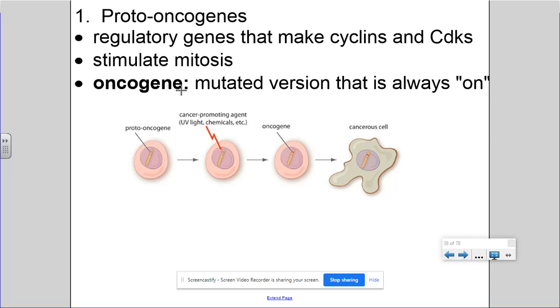This means that the gene is telling the cell to always divide. So the proto-oncogene is the normal one. This is the one that will make cyclins and CDKs. It turns on and turns off. But if it mutates, well, now the gene is always on. This causes an overgrowth of cells, and that can develop into cancer.